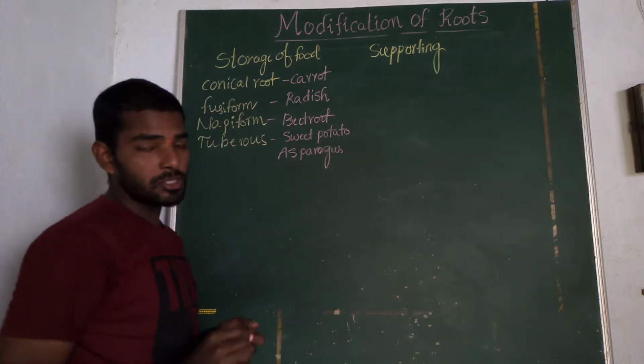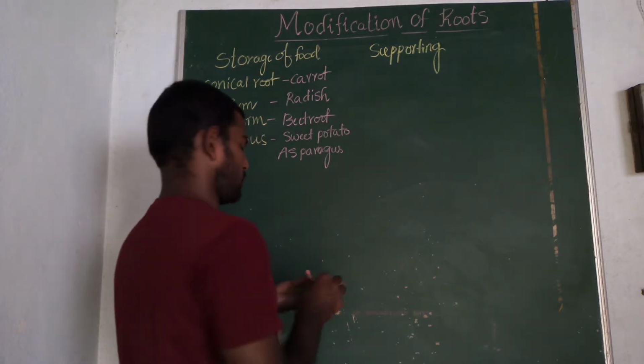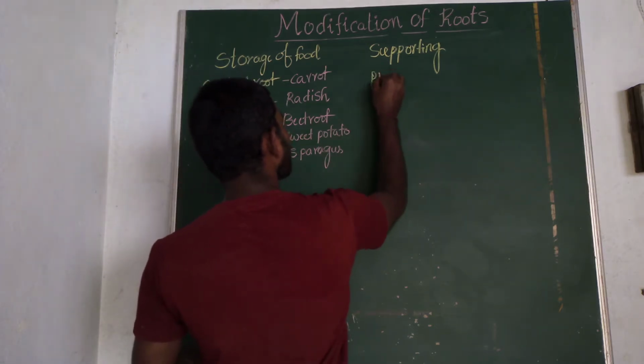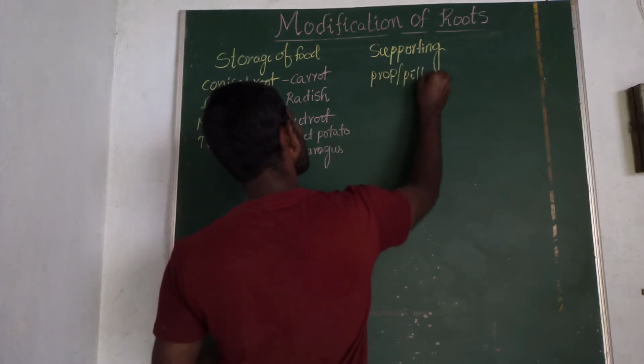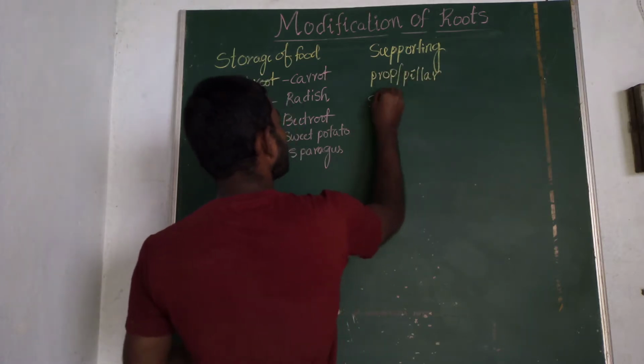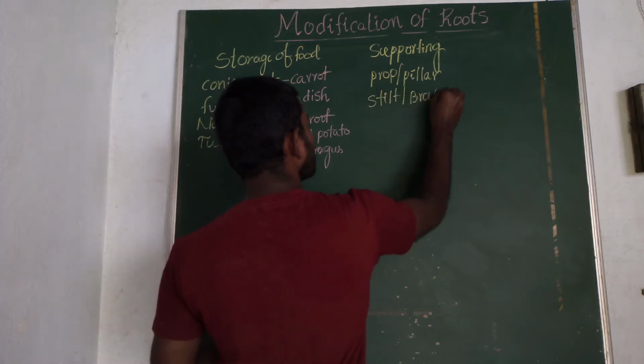And supporting roots. If you see the banyan tree, they have special roots. These are all prop roots. Prop roots are also called pillar roots, and stilt roots are also called brace roots.